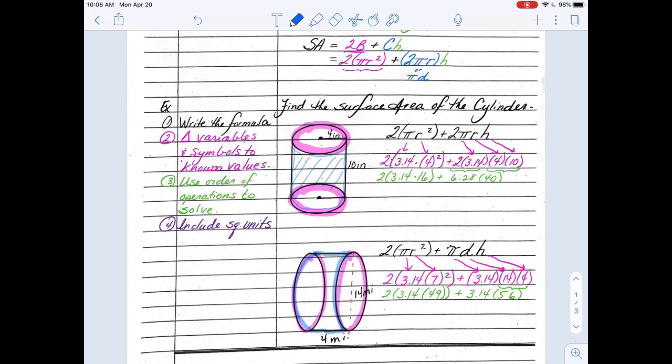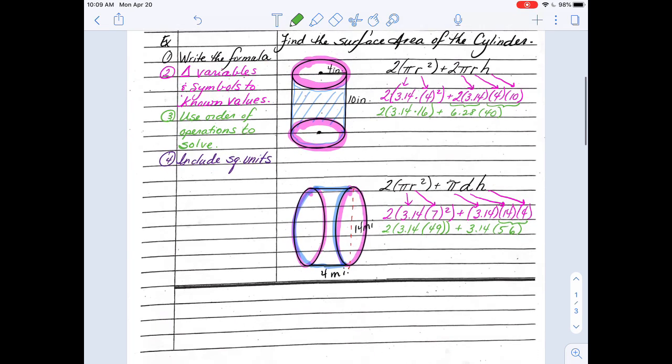If you have the radius, we use 2 pi r, or if I gave you the diameter in the picture, we use pi d. Then we multiply that by the height, and add those two products together.